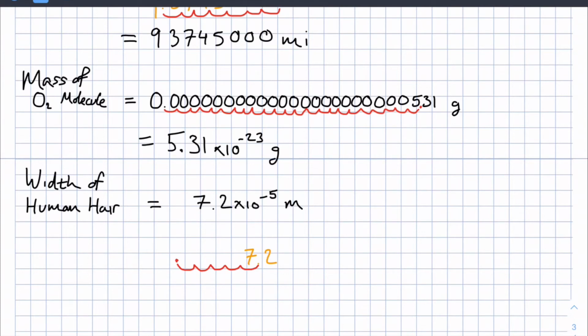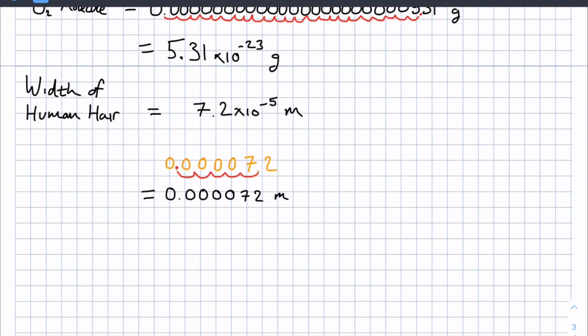This time, we move it to the left because the exponent is negative 5. Fill in the missing zeros, don't forget to put a 0 before the decimal point, and we can rewrite our final number, 0.000072 meters. Okay, so far we have shortened numbers a lot and saved space on our paper and made numbers easier to discuss by using scientific notation.